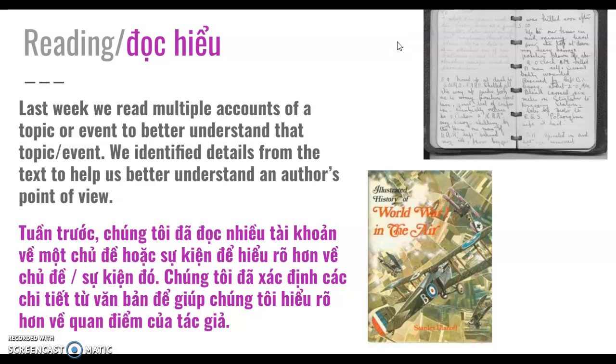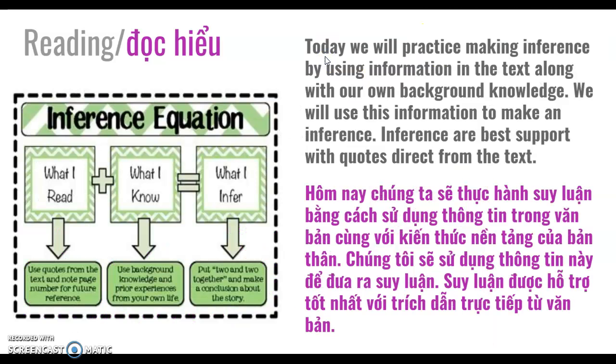Okay, welcome back. Welcome, welcome, welcome. So last week, guys, we read multiple accounts of a topic or event to better understand that topic or event. We identified details from the text to help us better understand an author's point of view about that topic or event.